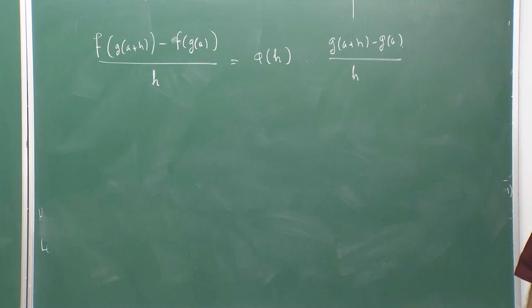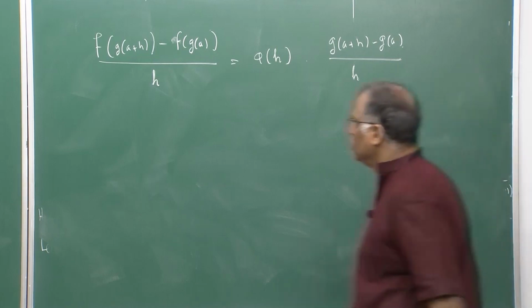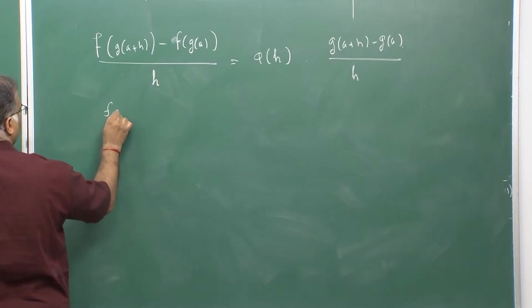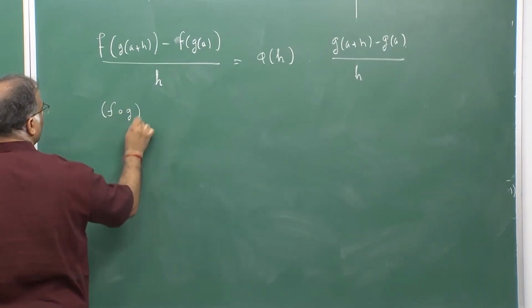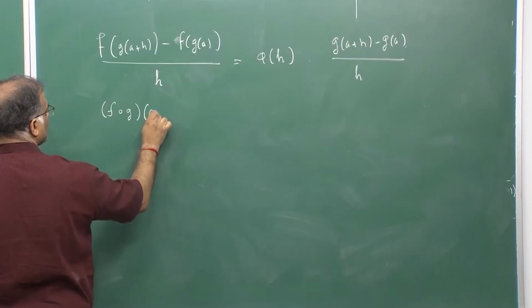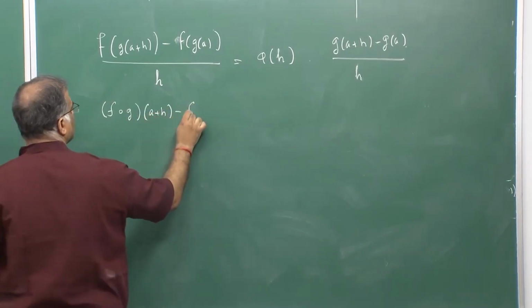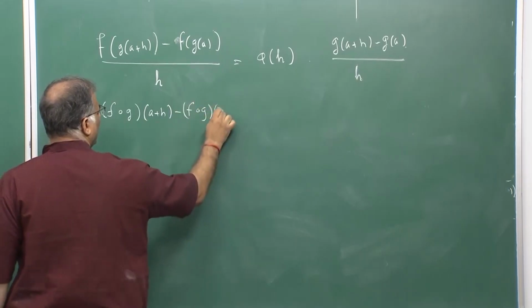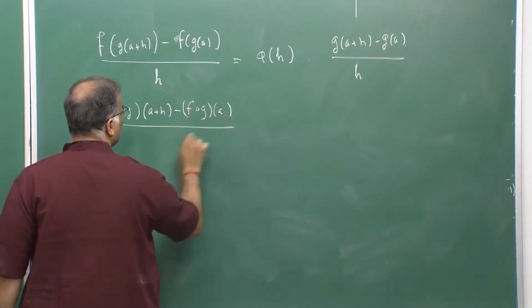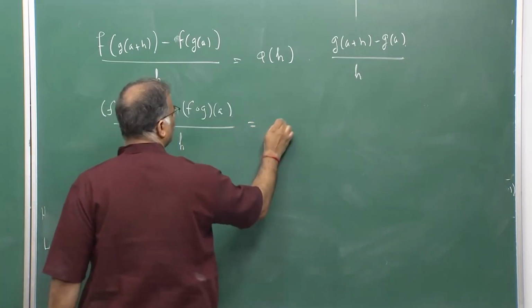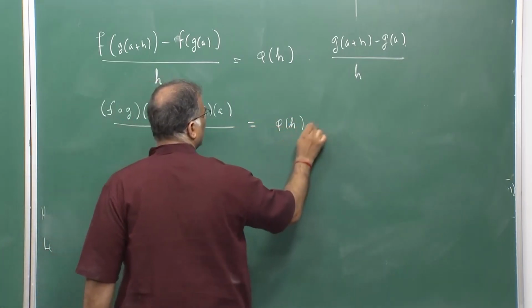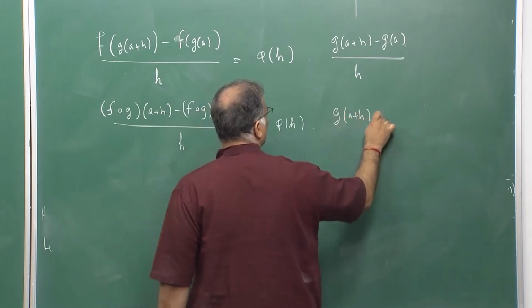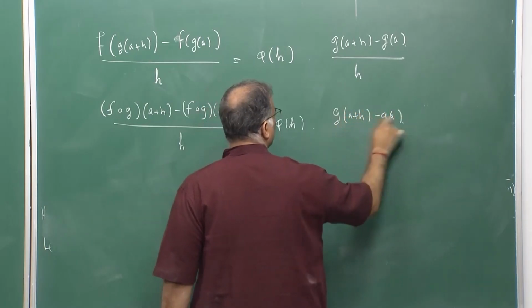What I have now written is f(g(a+h)) minus f(g(a)) divided by h is equal to phi(h) into g(a+h) minus g(a) by h.